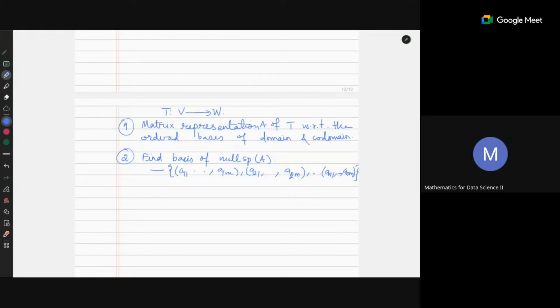Something like this, you get something like this. Then the third step is to find a basis for the kernel by taking each vi to be built from a1 ai1.